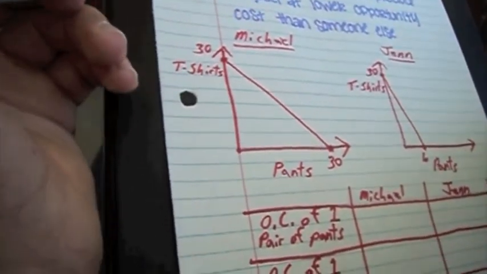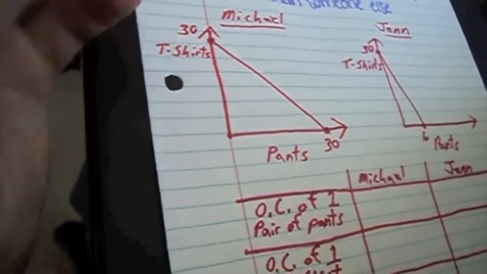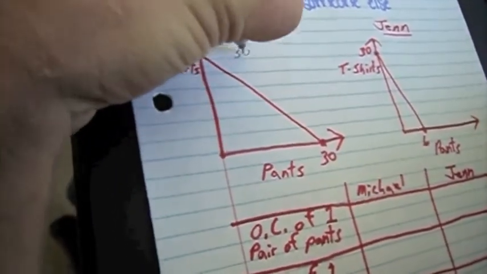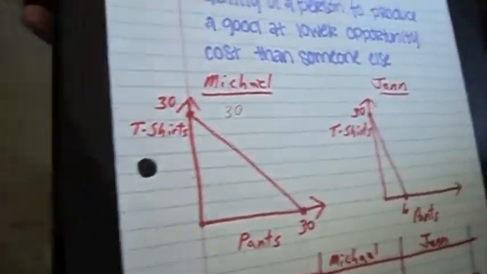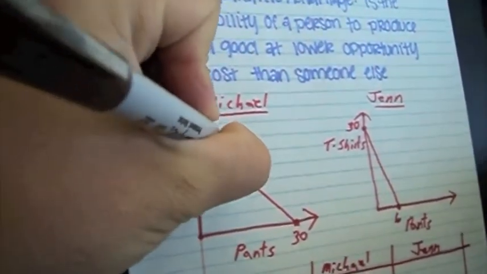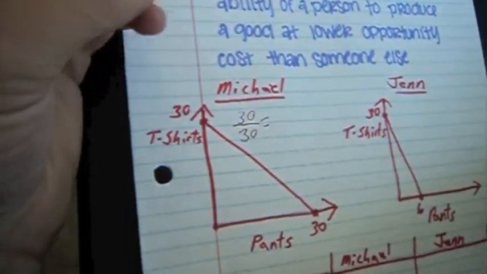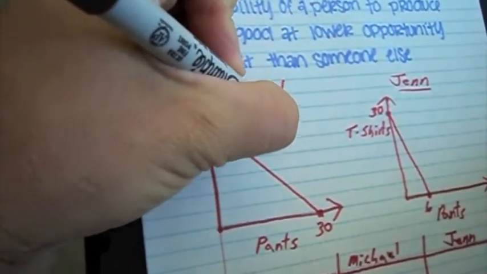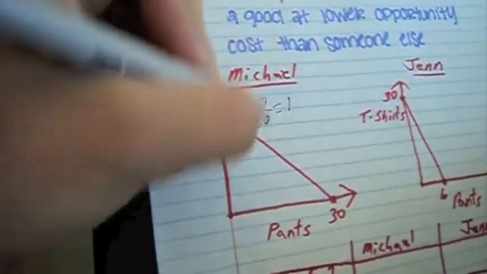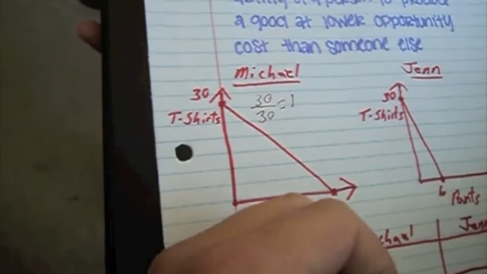To do this, we take the amount of t-shirts he could make, 30, and we divide that by the amount of pairs of pants he could make. And that gives us his opportunity cost, which is 1. For each pair of pants, he has to give up 1 t-shirt, and we're going to put that in the graph down here.